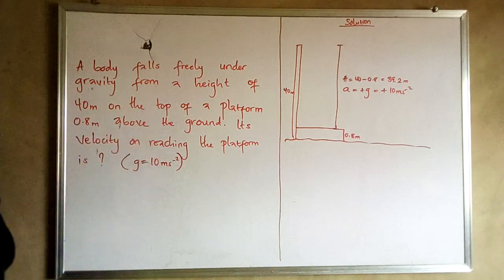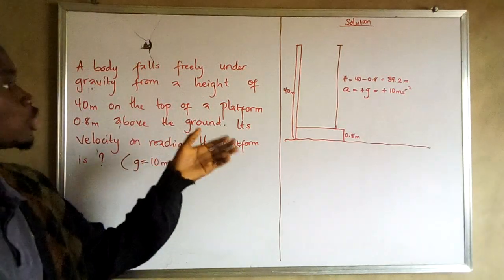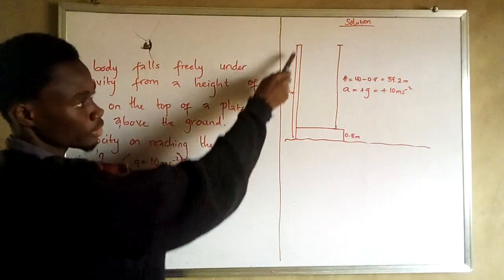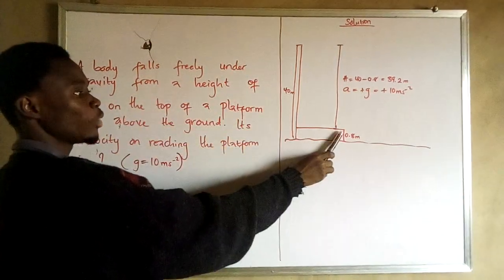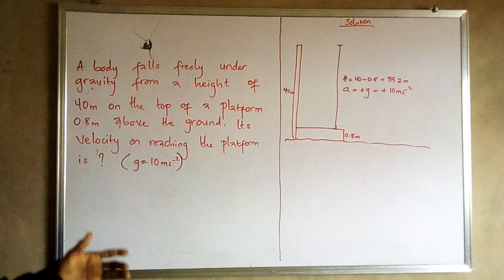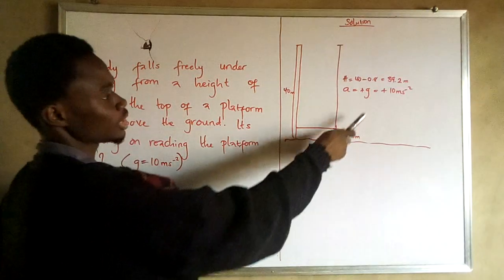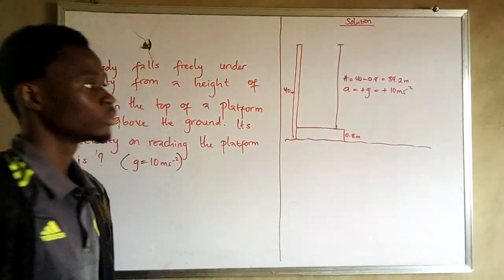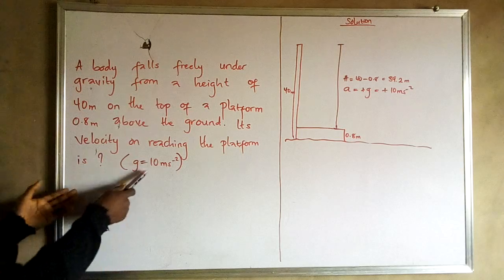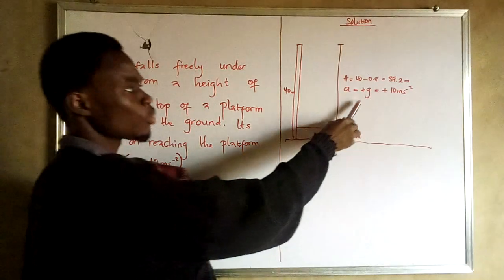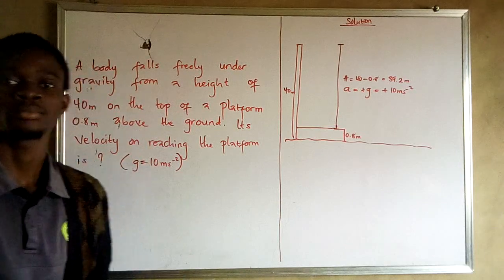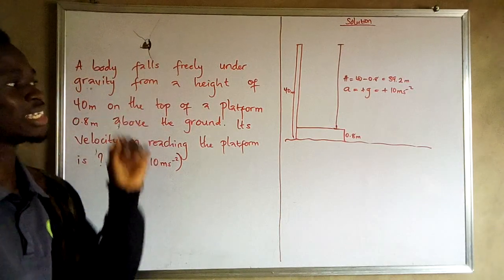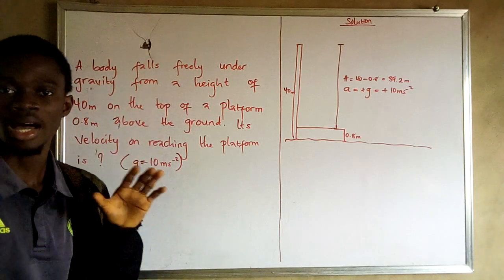These are the two values given in the question: the height of motion, which is gotten from the difference of the height from which the object is falling and where it landed, which is 39.2 meters, and the acceleration due to gravity, which is 10 meters per second squared. And the reason why we are having positive gravity here is because the object is falling from a height. That is, the object is in the direction of gravity.